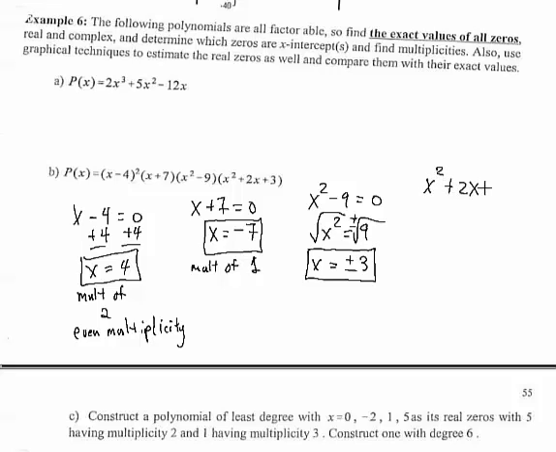For our last factor, x squared plus 2x plus 3, we will have to use the quadratic formula. b squared is 2 squared, so 4, minus 4, a is 1, times c would be 3.